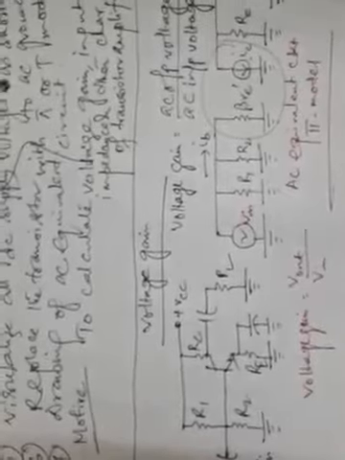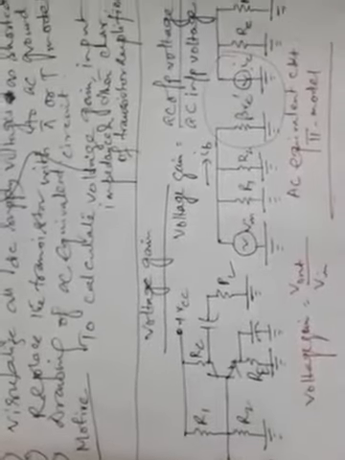IB is flowing as the input current into this transistor, and this is the representation of the transistor, base emitter junction with beta RE dash and collector base junction with current source IC, and RC and RL accordingly at the output, and across RL the voltage being measured is V out. So from here the voltage gain is V out by V in, and we need to find it from the given parameters or the values of the components.